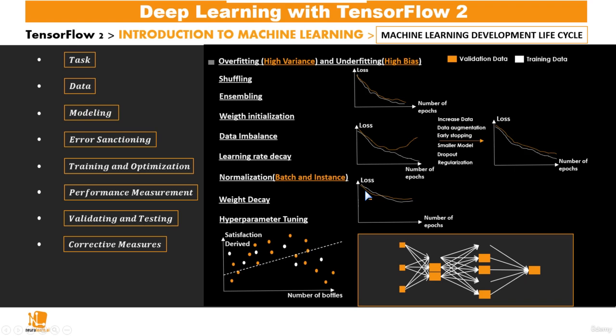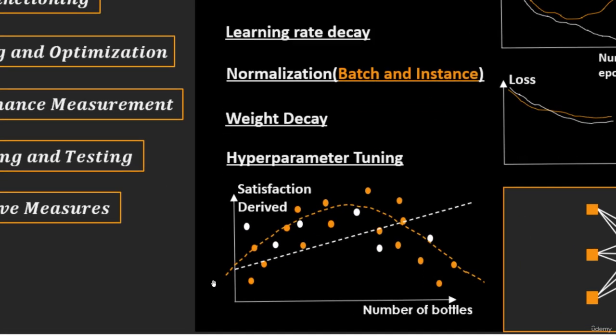Now, in order for us to move from this kind of plot to this one where both the training and validation loss start dropping, one technique we could use is simply using a bigger model or a more complex model. So instead of using this model, we could use a more complex model like this quadratic function right here.